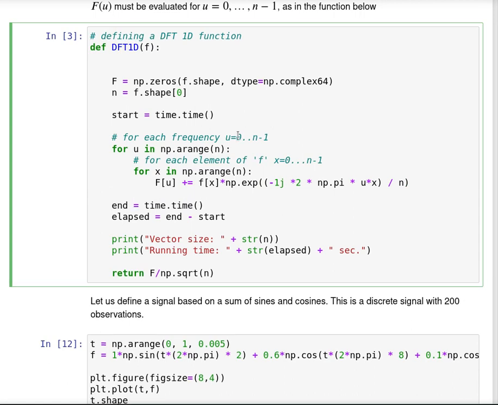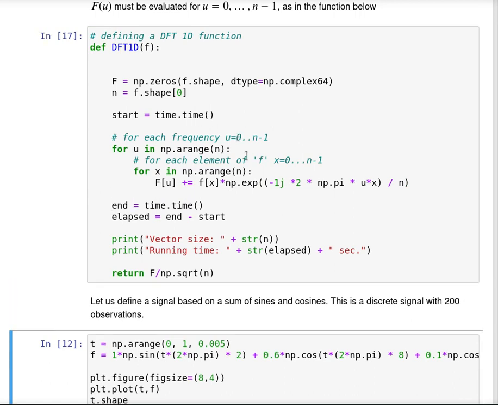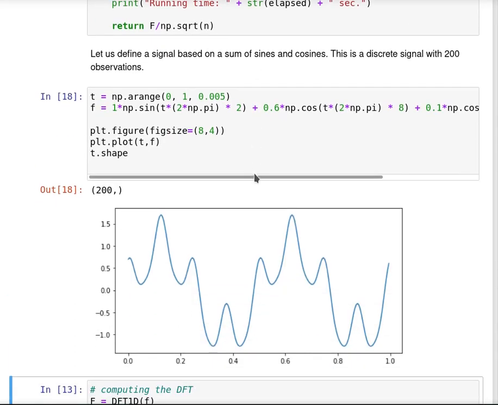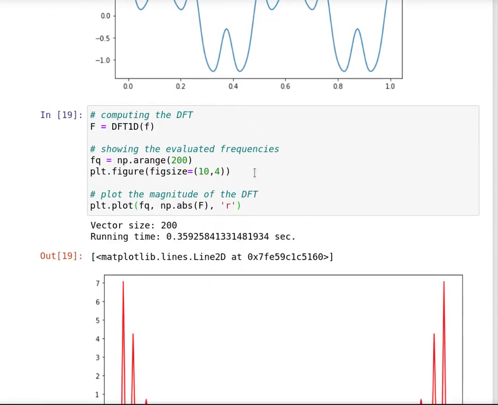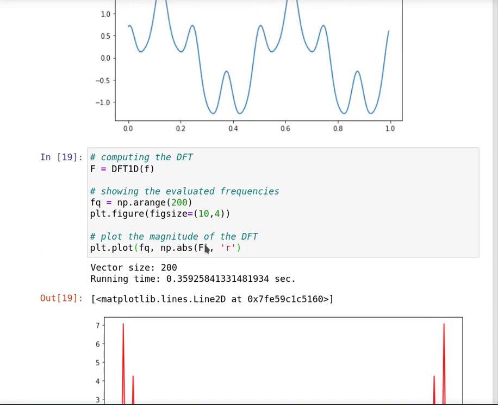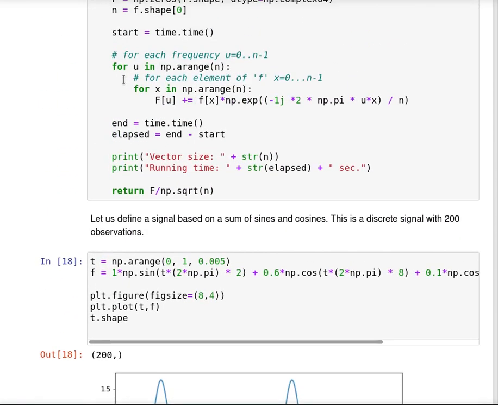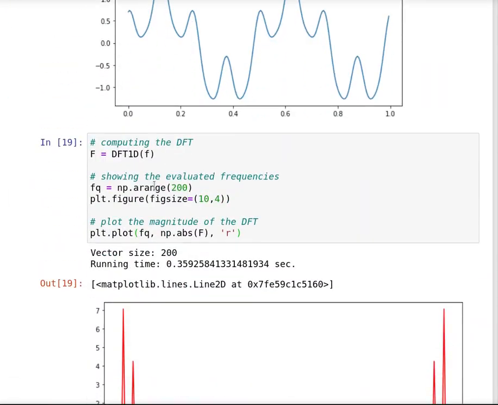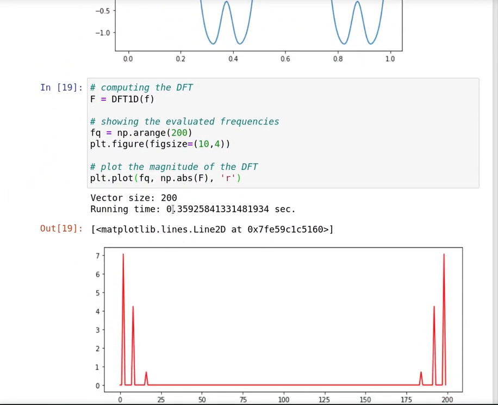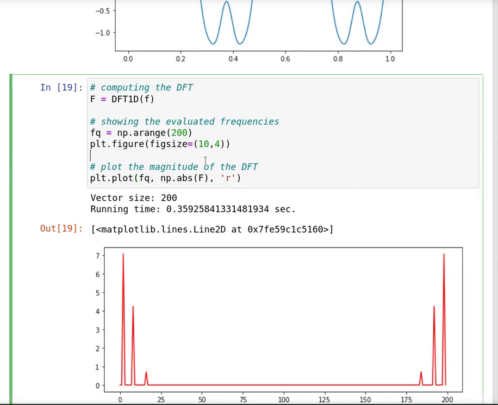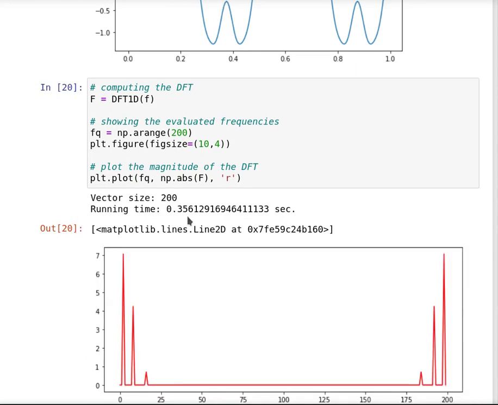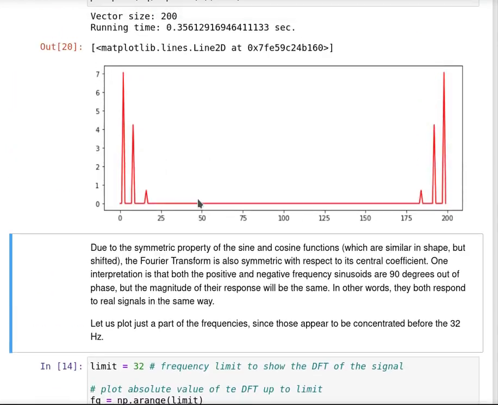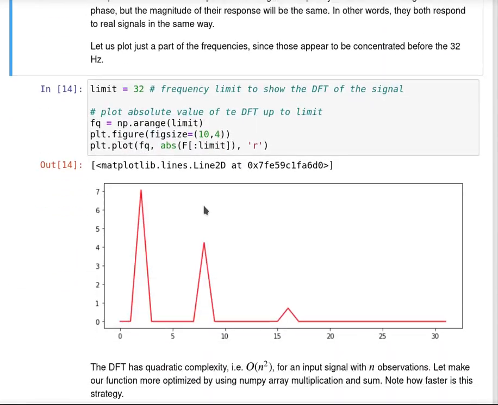Right, so now this function here is using an additional loop. The running time was 0.35 seconds, so something around that, so 1/3 of a second.